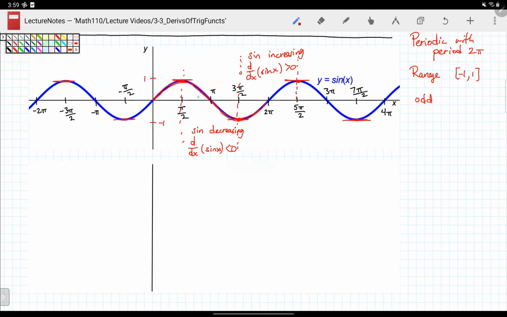And you can see that the shape of the graph from pi/2 to 3 pi/2 is exactly the same as the shape of the graph from 3 pi/2 to 5 pi/2, except where one is increasing, the other is decreasing, but they're increasing and decreasing at the same rates in those two different intervals, right?